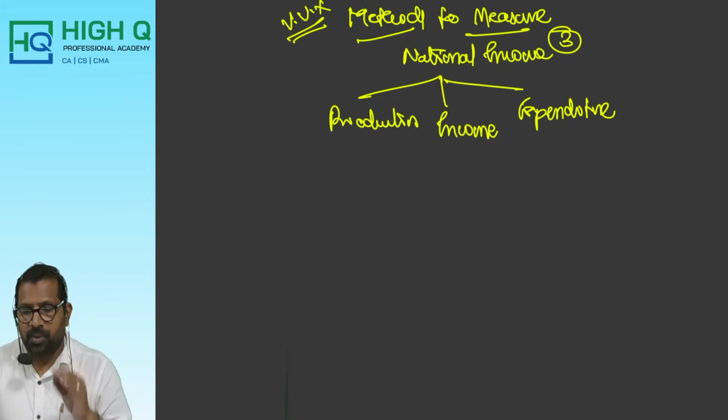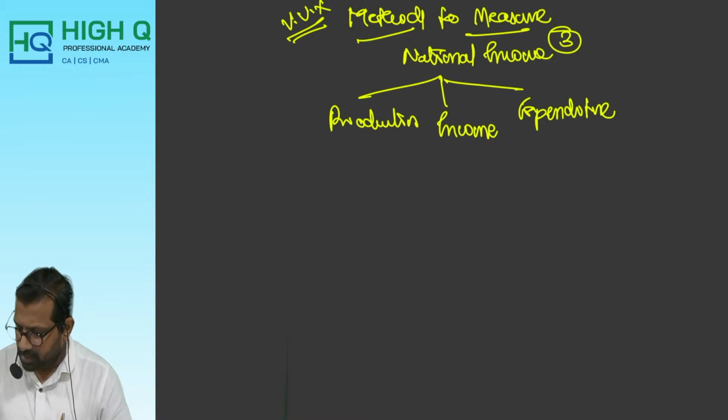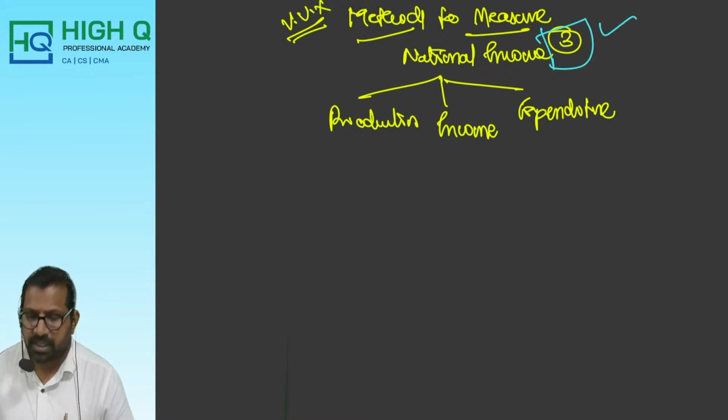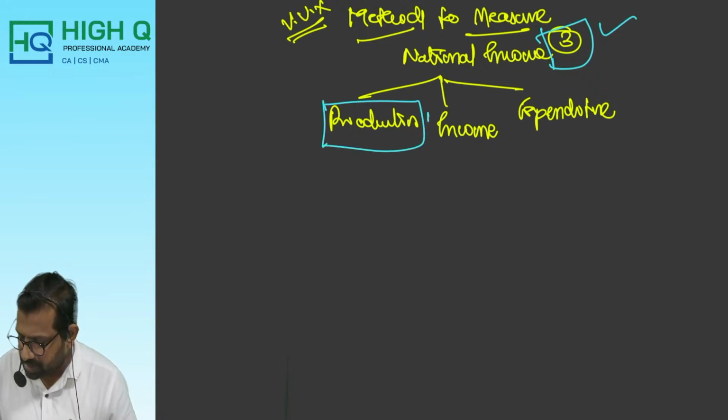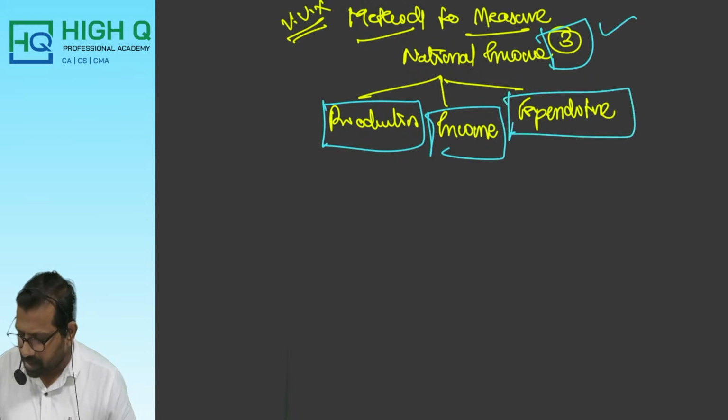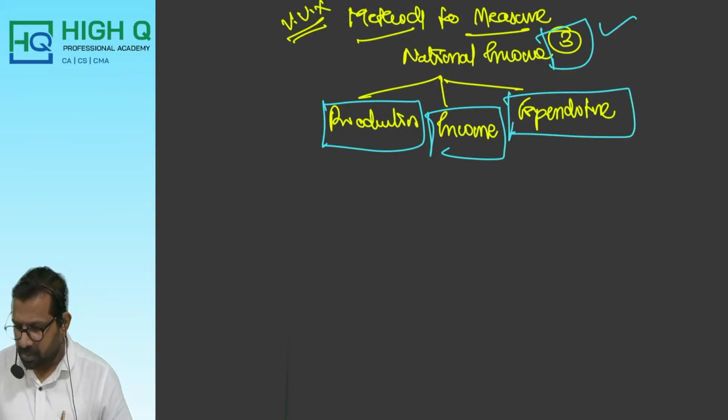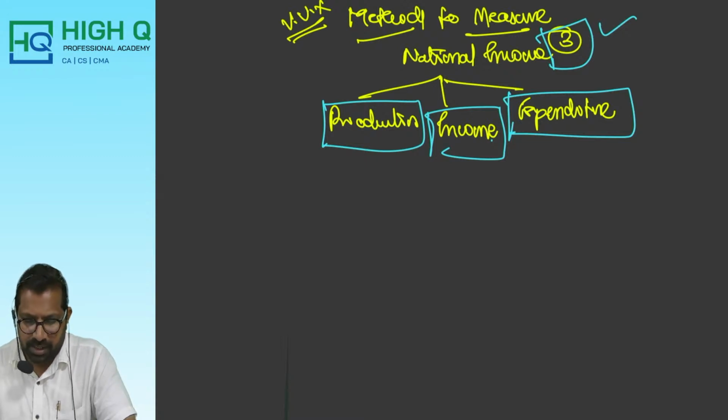So totally how many methods are there in national income? There are totally 3 methods for your examination. Point number 2, what are the 3 methods? Production method, income method, expenditure method. So these 3 methods are involved in order to measure the national income.